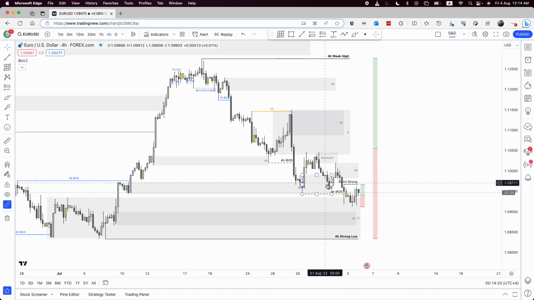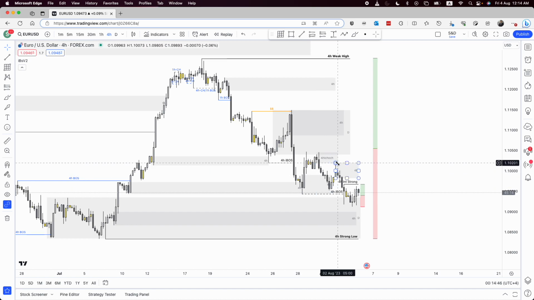Once that happens, there are definitely some orders there because it's a valid demand, and we did have a small reaction to it. It also reacted to this little 4H I chalk, because this was responsible for creating a chalk on an internal of the internal structure.